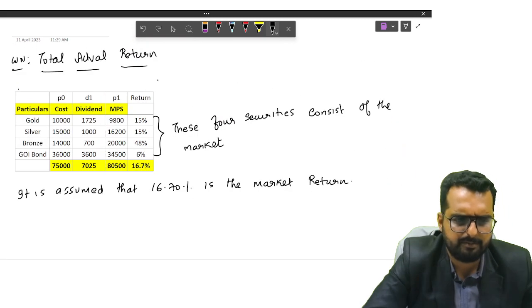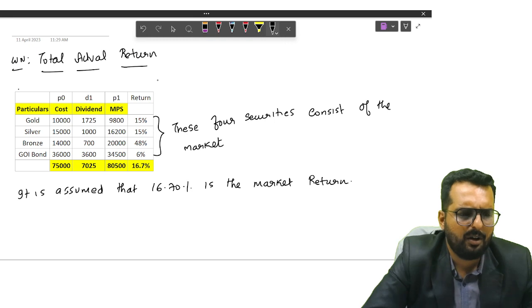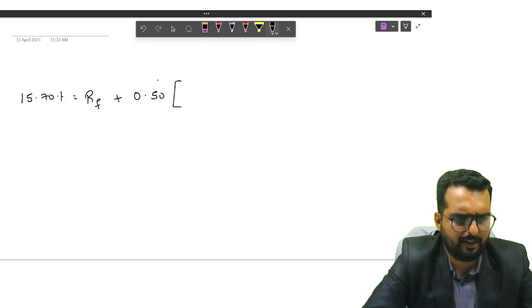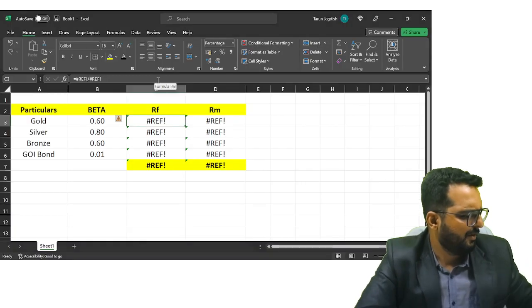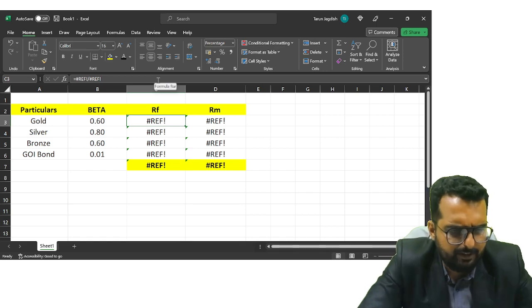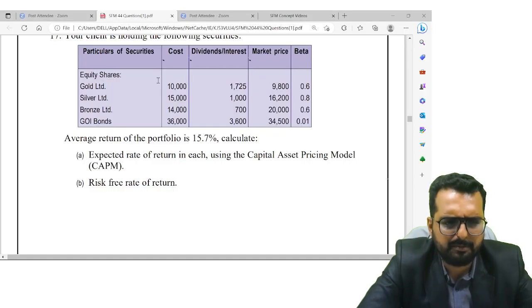We got the overall return as 16.7. Am I right? How did they get 15.7? That is the average return is what they have taken, is it?